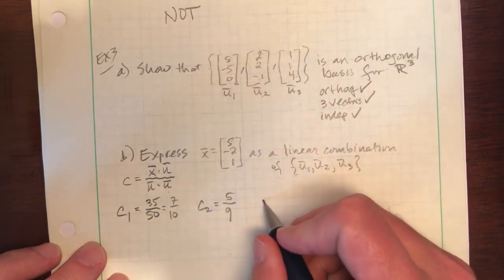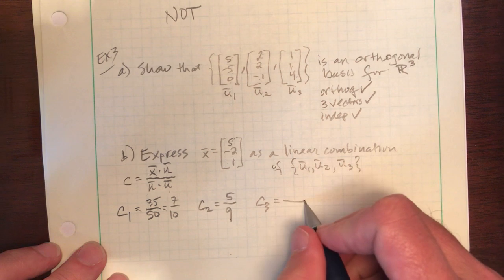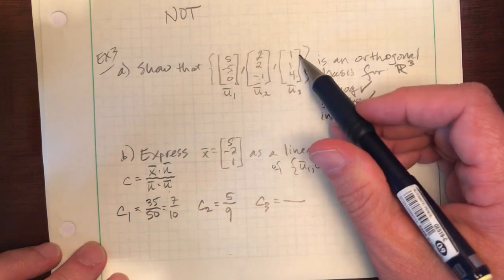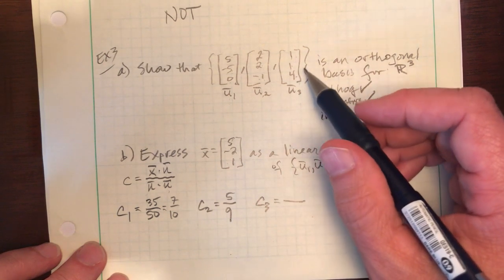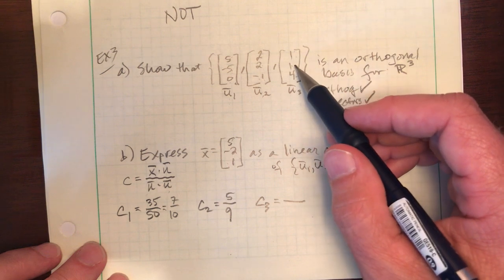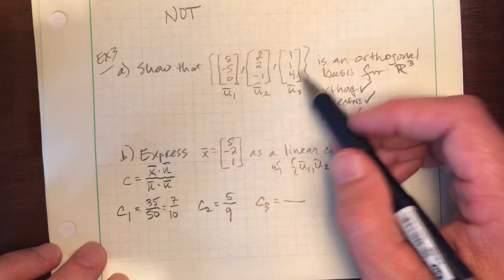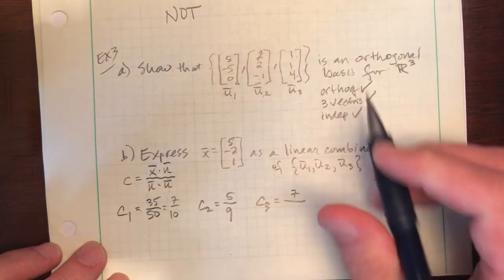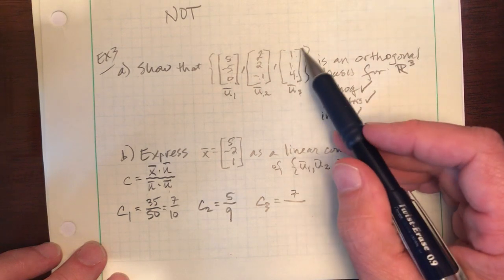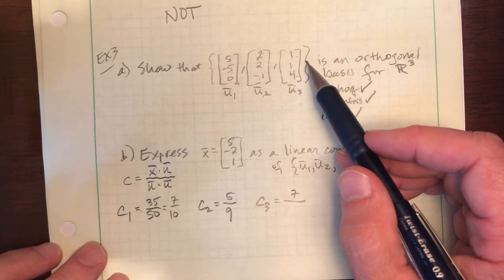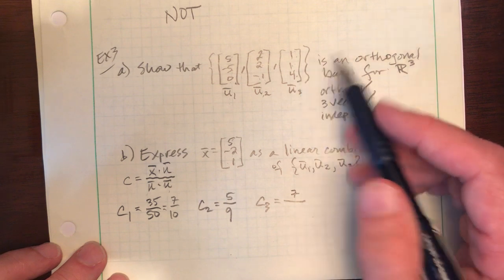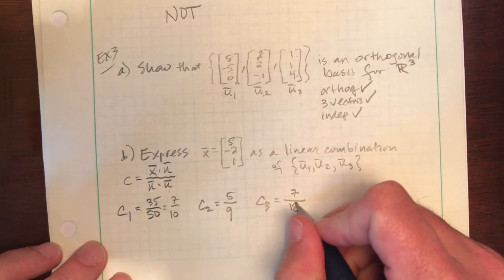Don't need to reduce. Last round. My target vector dotted with my last basis vector, so 5 minus 2 plus 4 is 7. And then u3 dotted with itself, 1 squared plus 1 squared plus 4 squared is 18.